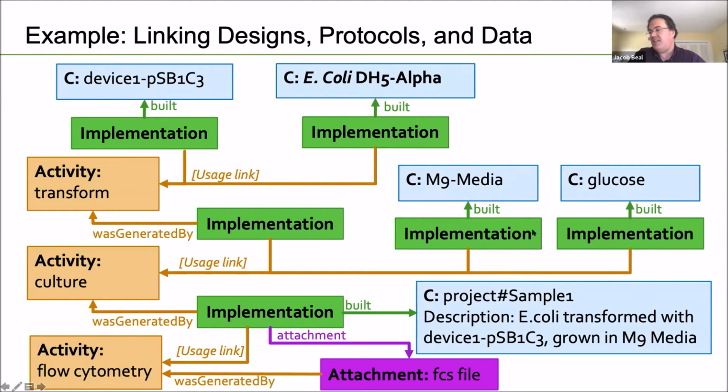This is an intermediate stage of the protocol where I actually put this stuff in. And then we run it through some flow cytometry to generate an attachment that's the FCS file with the measurements of the fluorescence of the individual cells.